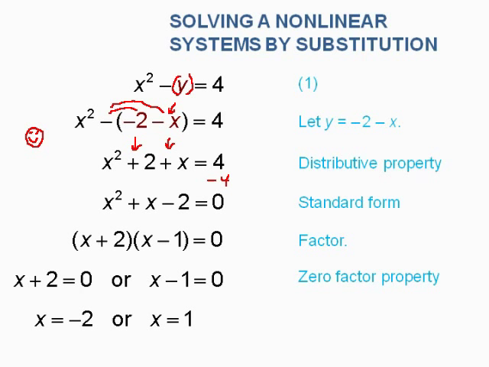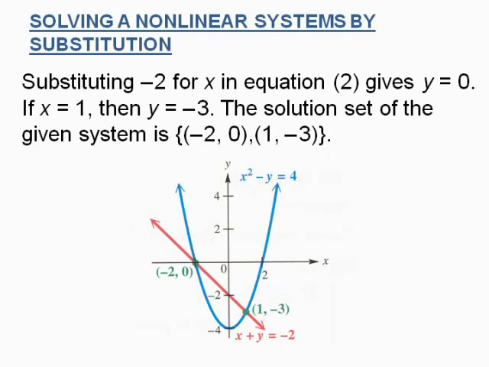Then we subtract 4 from both sides and end up with x squared plus x minus 2 equals 0. Then we factor and solve, and we get our two answers, x equals -2 or x equals 1.